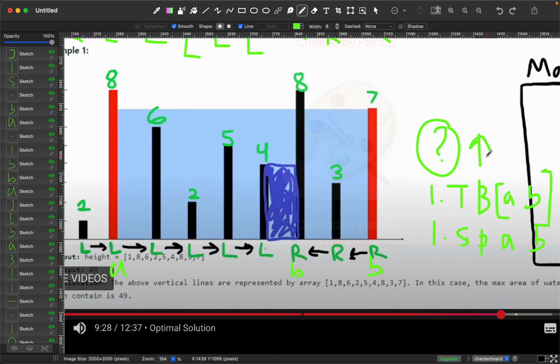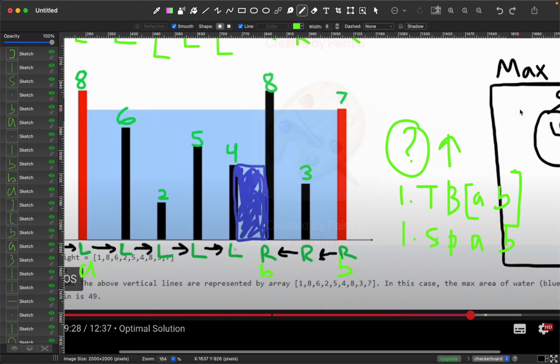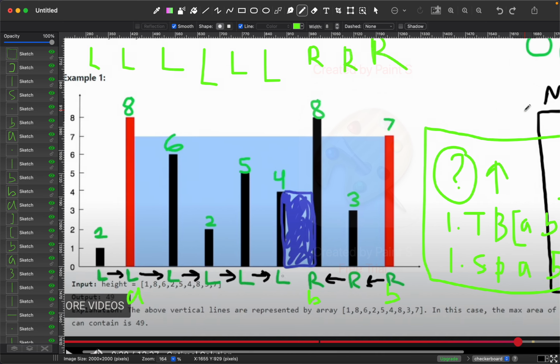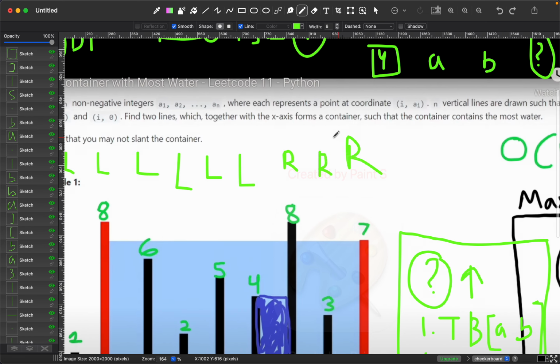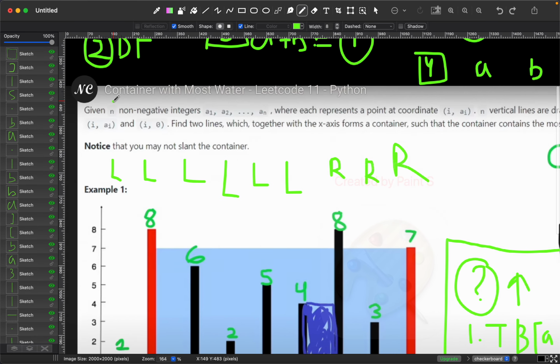If we did not talk about this, I don't know that we could come to this stage of talking about this unique feature that is catered to the container with most water problem. I think this is a unique feature that this problem statement holds.